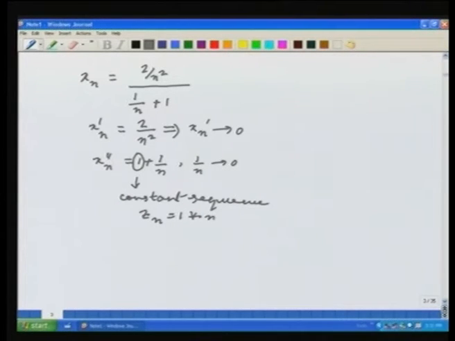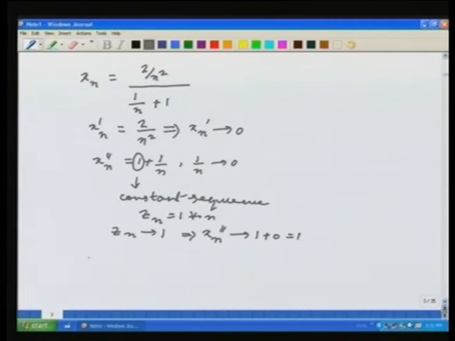And then we know that the sequence z n converges to 1. This implies that the sequence x n double prime, using our previous result, converges to 1 plus 0, which is equal to 1.